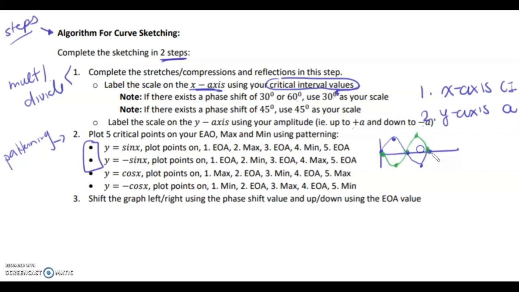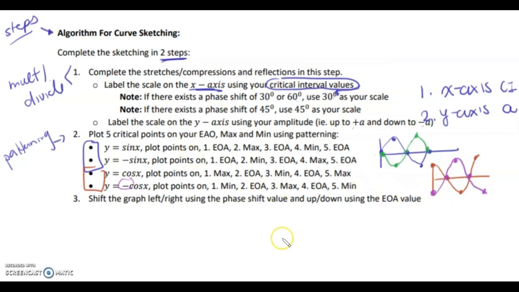We already talked about how every x-intercept just stays there. That's what those two mean. Now, these two, cos x: what usually happens in cos x is we start at maximum, equation of axis, minimum, equation of axis, maximum. That's our original. But if we reflect it, we go min, equation of axis, max, equation of axis, min.